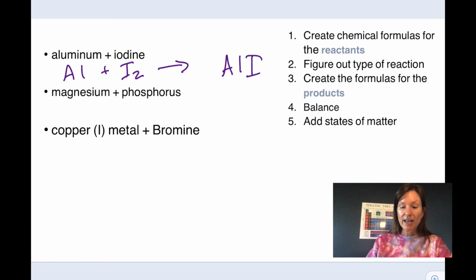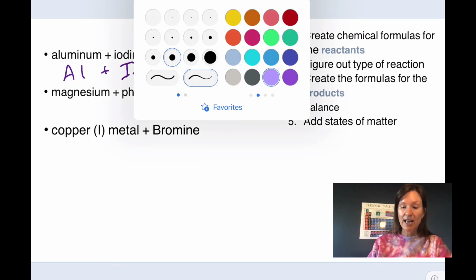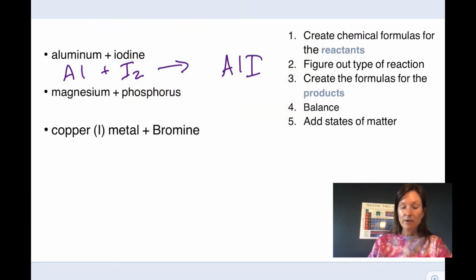Now, one thing I like to say is as my elements come across to the product side, any subscripts generated based on charge or because they're diatomics, they don't carry over. I did not write a 2 on the iodine on this side. But once I've made the products and created new compounds, I do need to regenerate subscripts based on charge.